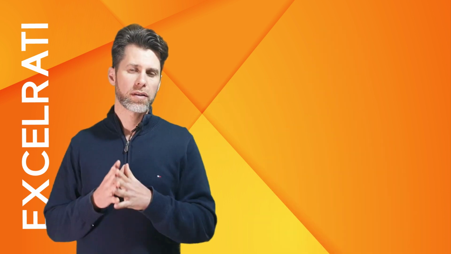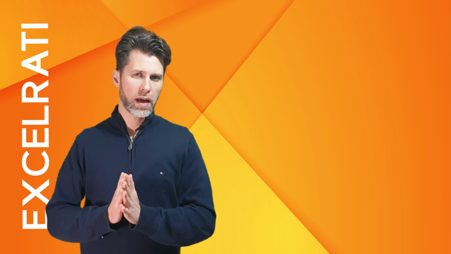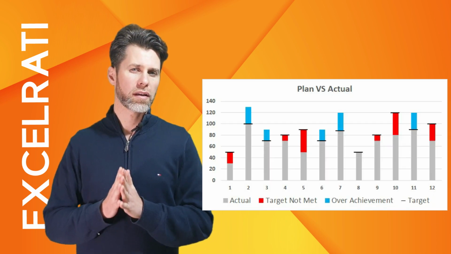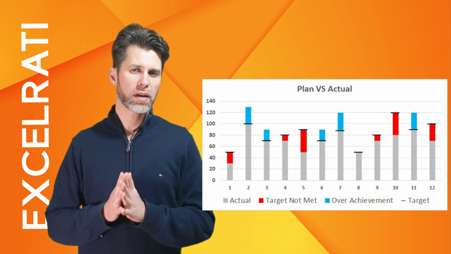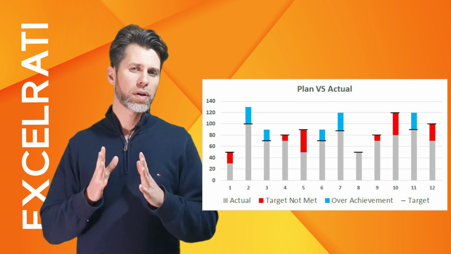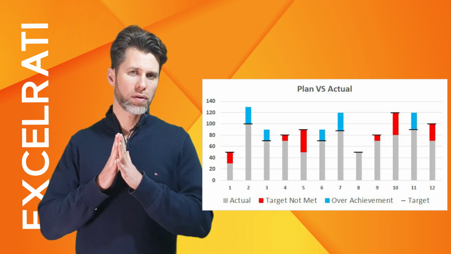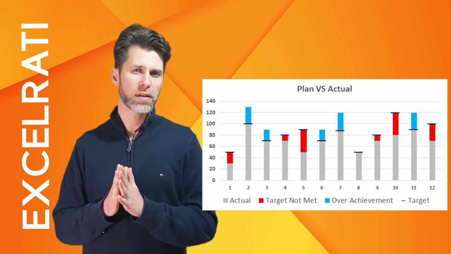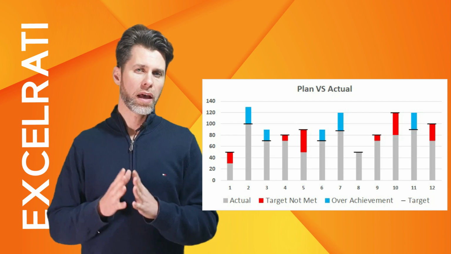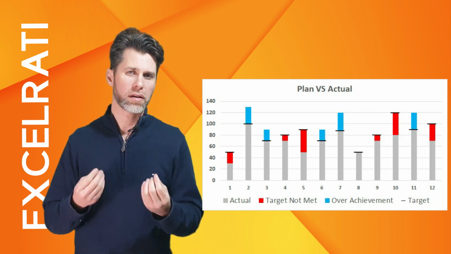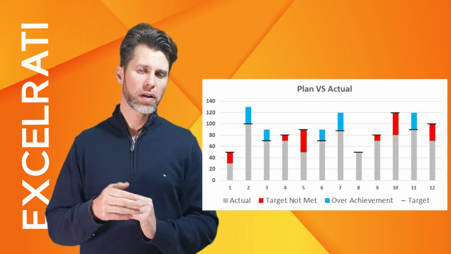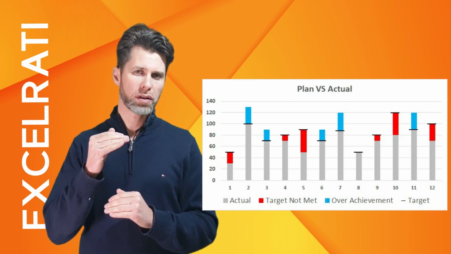Have a look at this chart that I'm showing you now. This is, I believe, the best one that can visualize this. On the horizontal lines, you can see the target. Then you can see in gray the actual that we managed to reach.